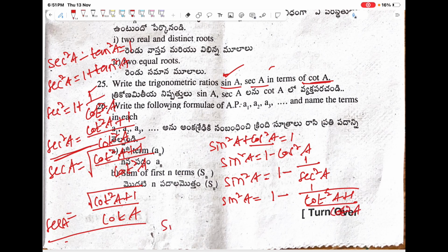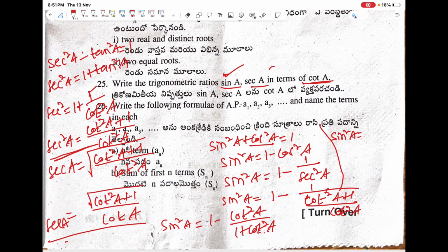When you simplify this, don't touch this one until we complete the procedure. 1 by cot square A plus 1 becomes cot square A by 1 plus cot square A. Don't think A plus B or B plus A, both are the same. Cot square A plus 1 or 1 plus cot square A, both are the same.